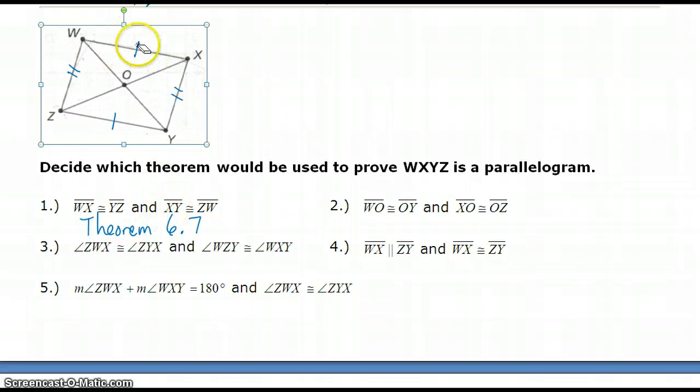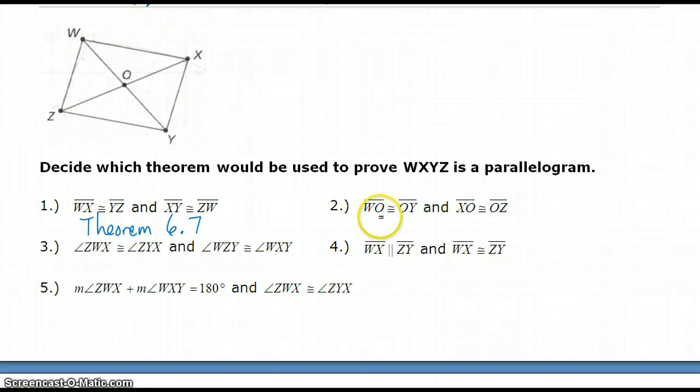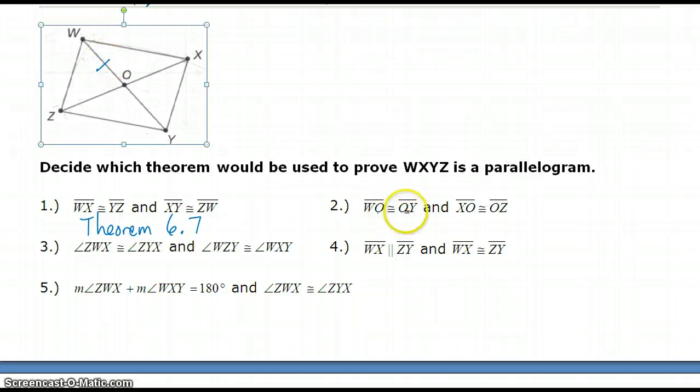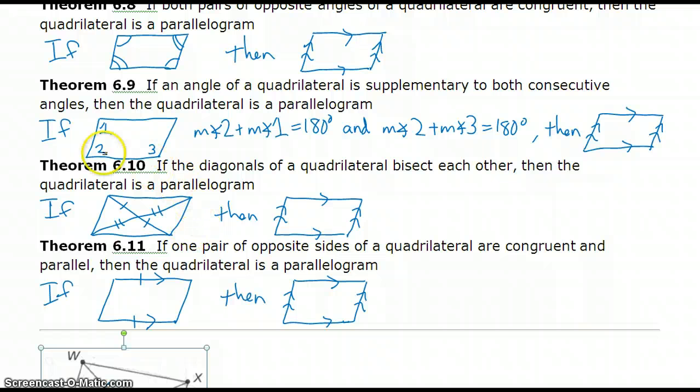I'm going to erase these tick marks for problem number 2. In problem number 2, segment WO is congruent to segment OY, and segment XO is congruent to segment OZ. So which one of these pictures does this diagram look like? It looks like theorem 6.10.